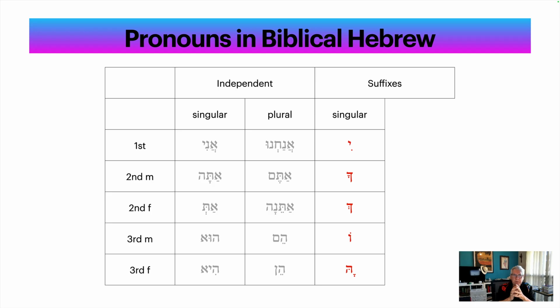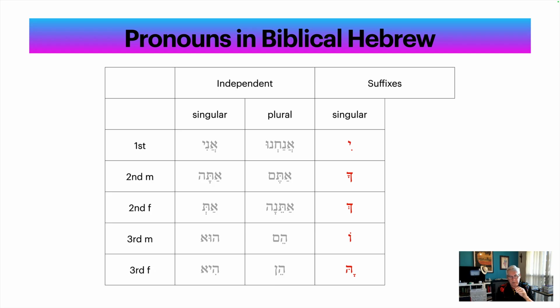So if it's first person singular, it has an E sound at the end. If it's second person masculine singular, it has ka on the end. And if it's feminine, it has k on the end. If it's third person masculine singular, it's O at the end.